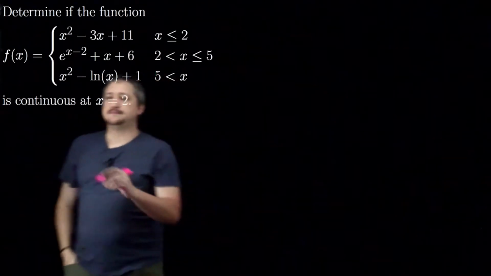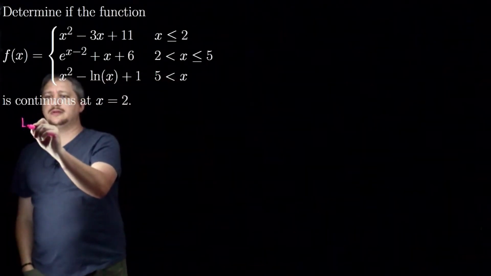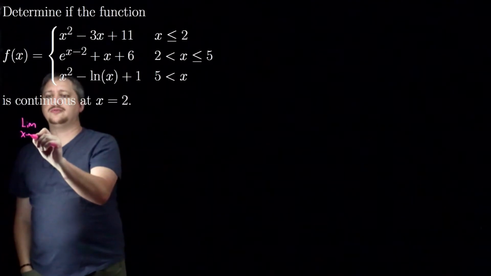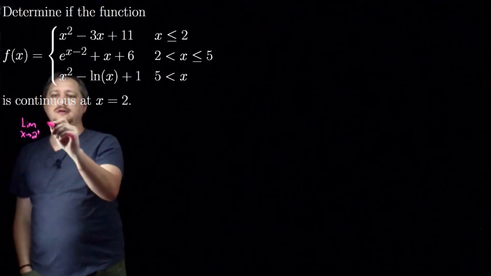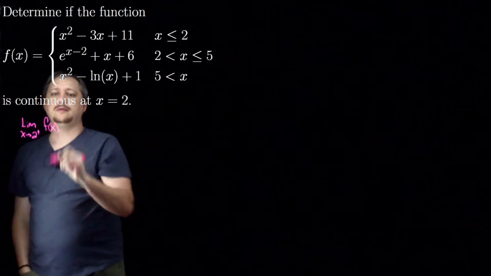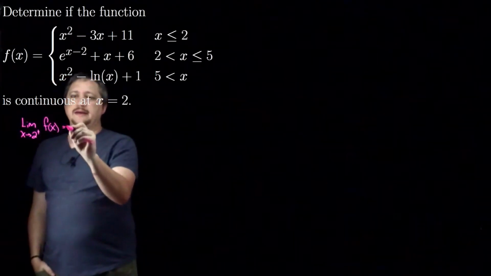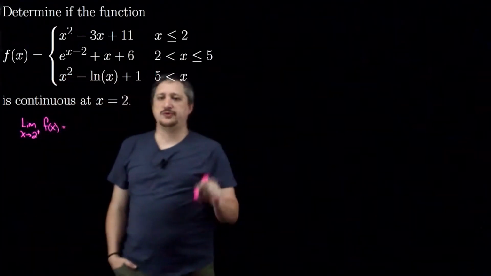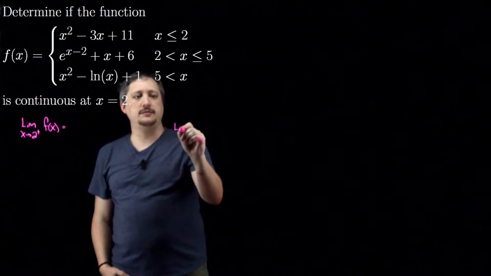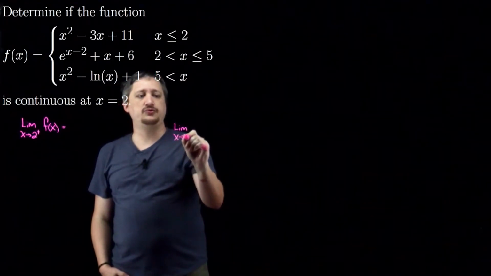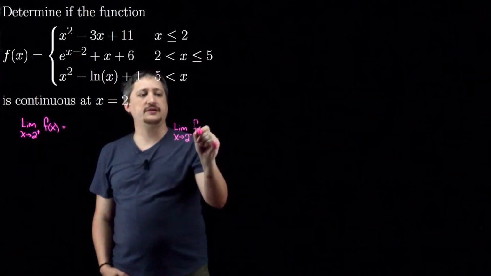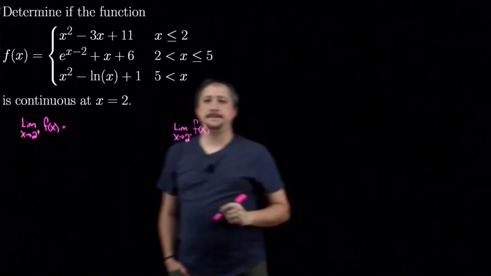So I'm going to break this up into the limit as x goes to 2 from the right of f of x, and over here, the limit as x goes to 2 from the left of f of x. Okay.